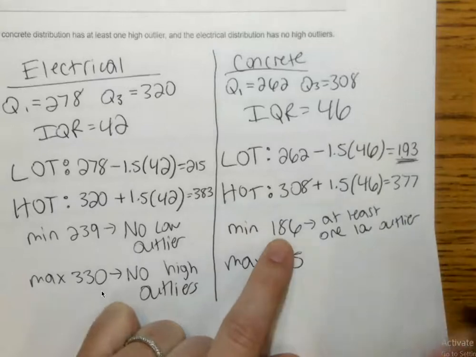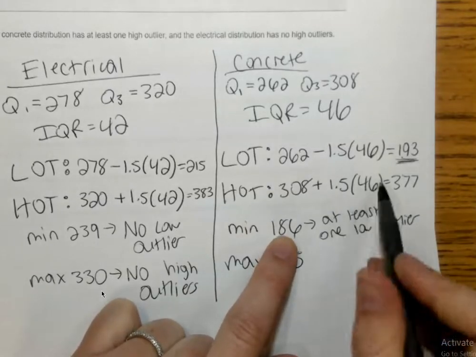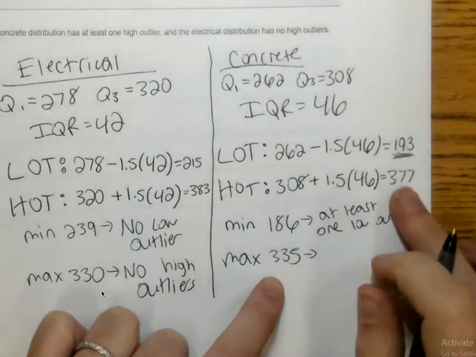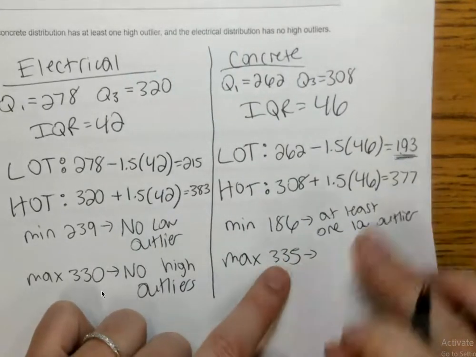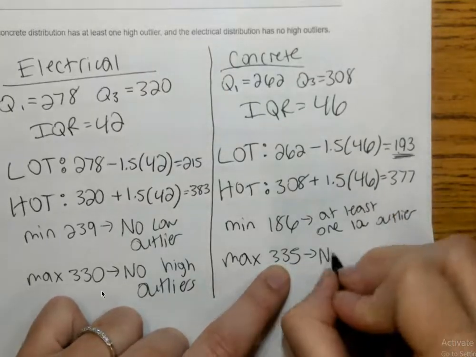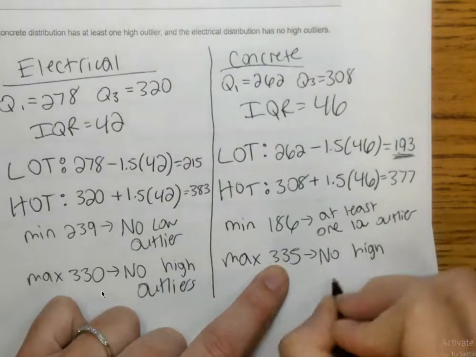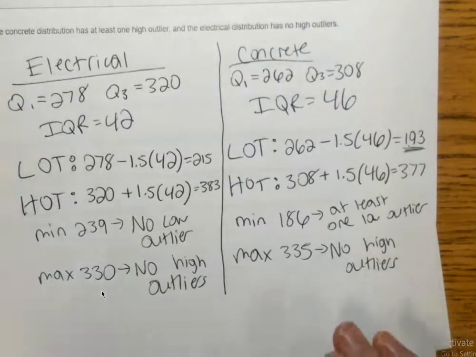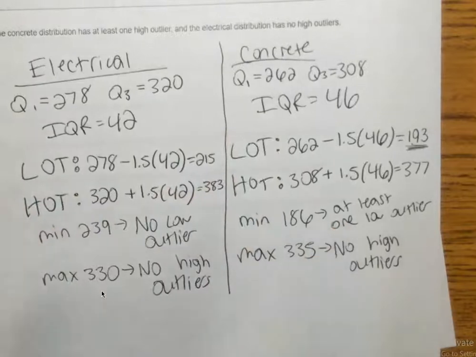I know the minimum at least has to be an outlier. There could be more. There might be more numbers between these two. And my maximum is 335. That doesn't get above the high outlier threshold, so I've got no high outliers. All right, so electrical has none. Concrete has at least one low.